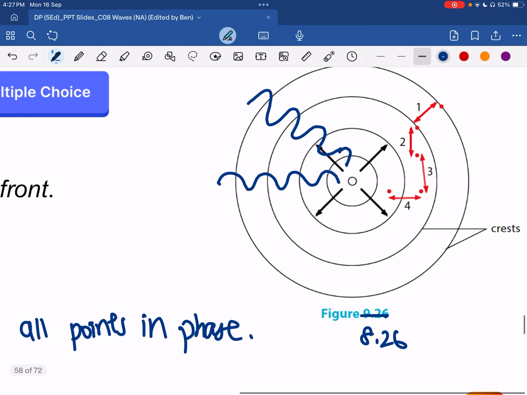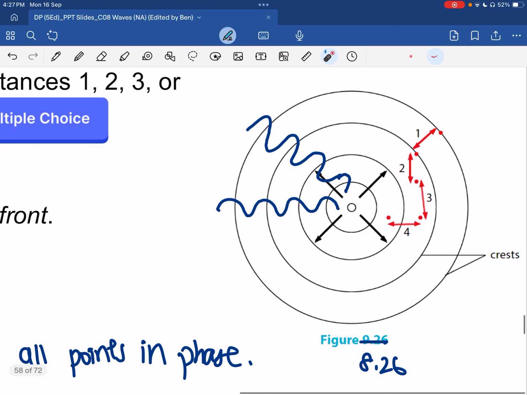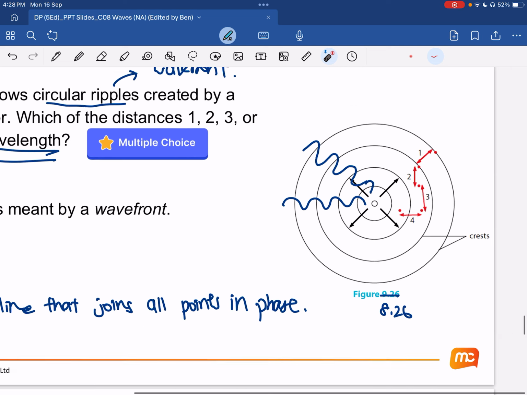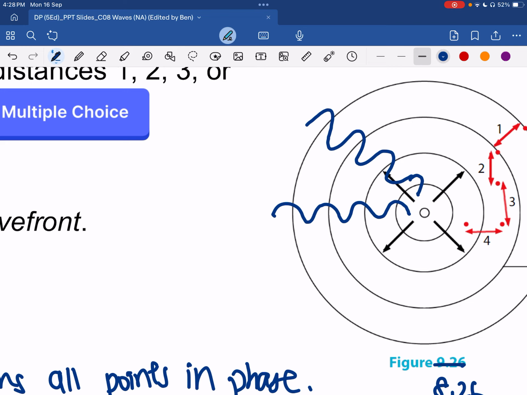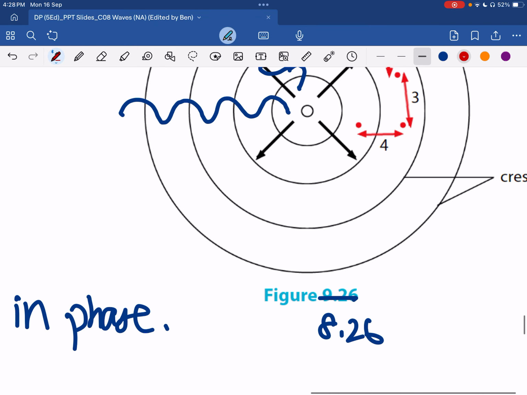So when we say all points in phase, in this case we are referring to all the points that are the crest. It could also mean points that form the trough as well. So for example, for another wave, I could say that the wavefront here represents the trough.